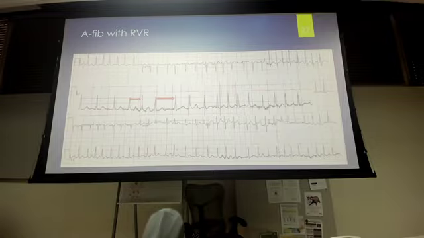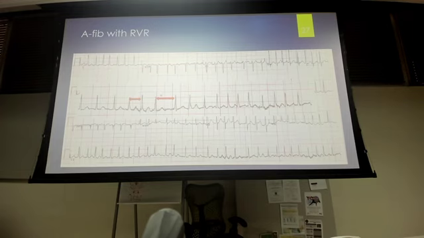This is another version of atrial fibrillation. We have that irregularity between our R waves. This shows you this R wave to this R wave is different than this R wave to this, and different from this R wave to this. So a whole bunch of irregularity that we see.